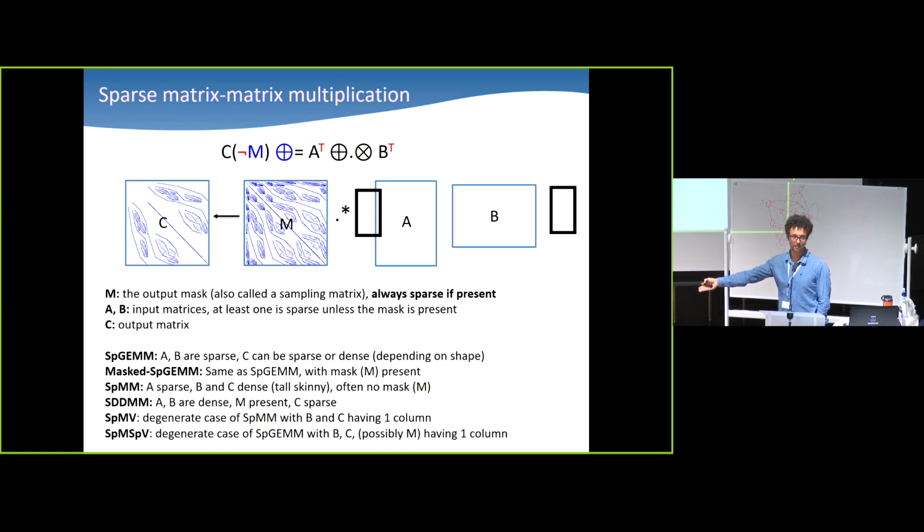I will never perfectly predict when it's going to cross a certain threshold. The library implementer should be able to look at it. Oh yeah, it's 90% sparse. I'm going to switch to the other function. And the signature should stay. The declaration of the object should stay the same. And that's what we try to strive for, so that the algorithm designers don't care about the cutoffs of sparsity.